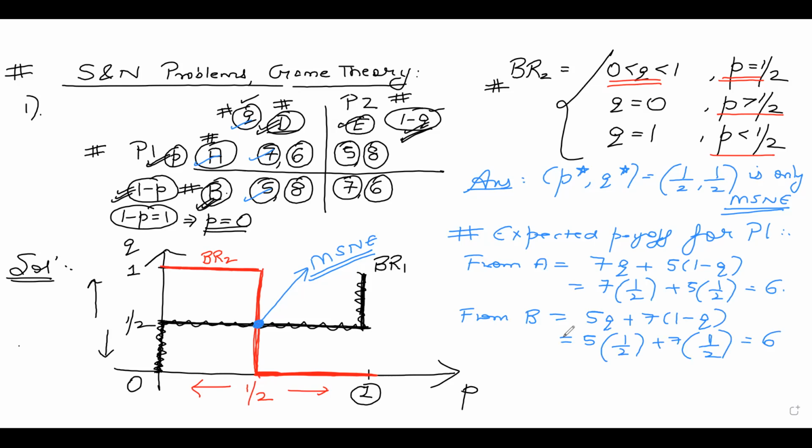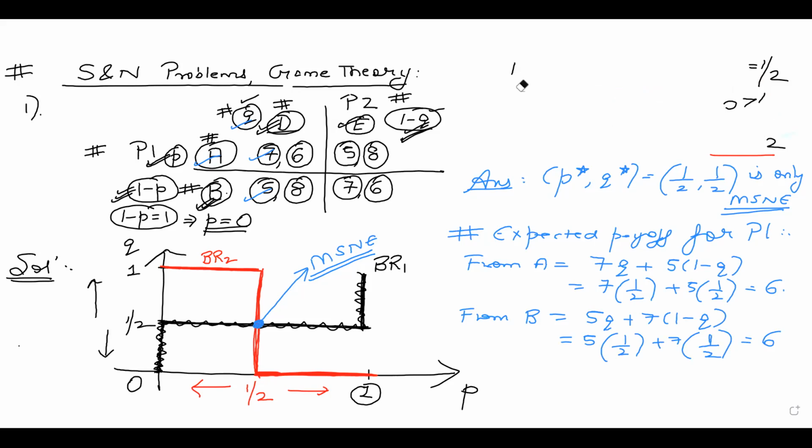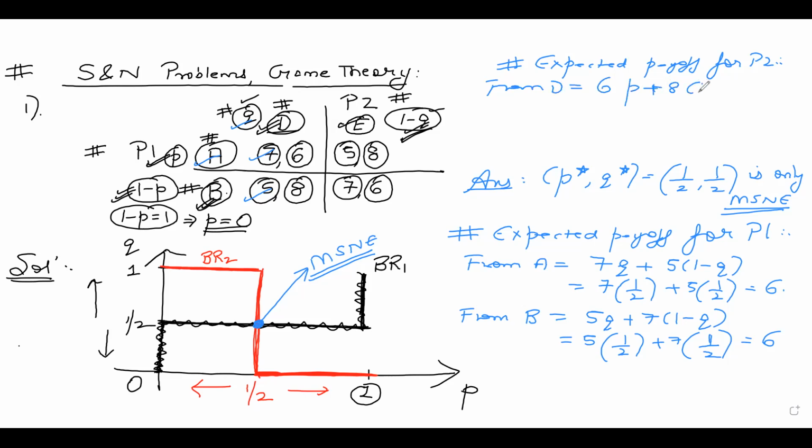And similarly, you can write the expected payoff which player 2 is getting. So expected payoff for player 2 from D is 6 into P plus 8 into 1 minus P, which we had written a few minutes back. Just put P as half.